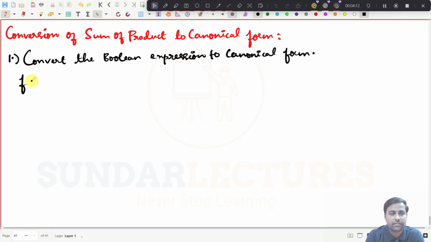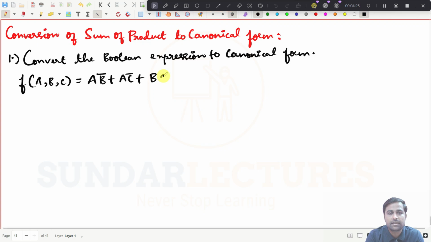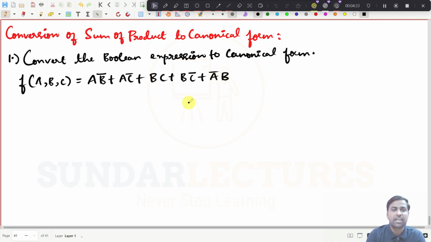We will take f of a, b, c, and we will take some expression: a b bar plus a c bar plus b c plus b c bar plus a bar b. Right? This is the expression.